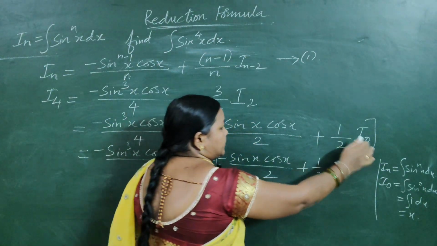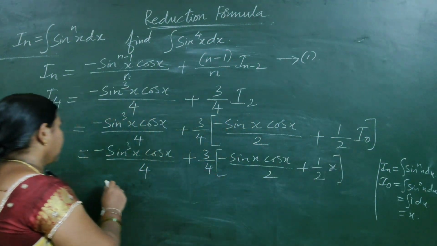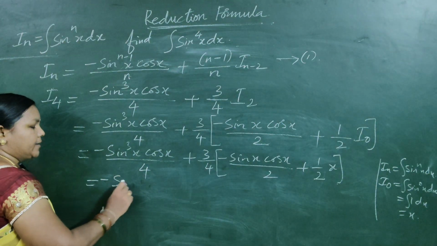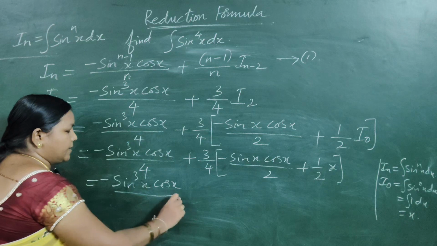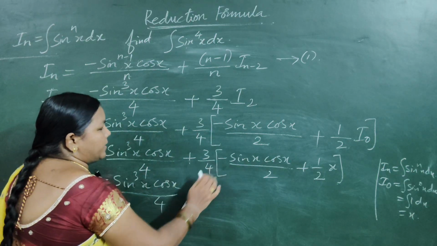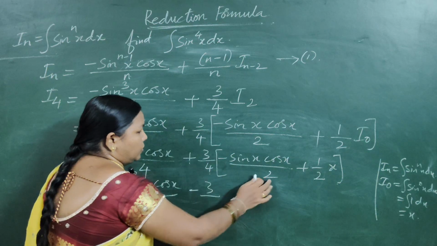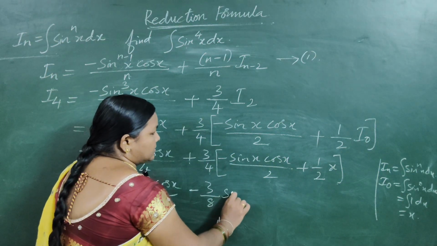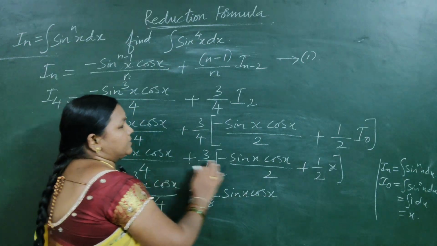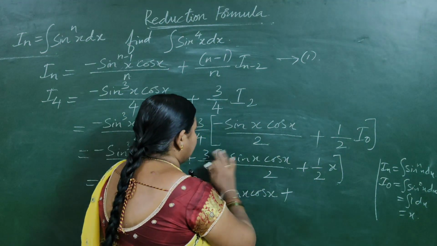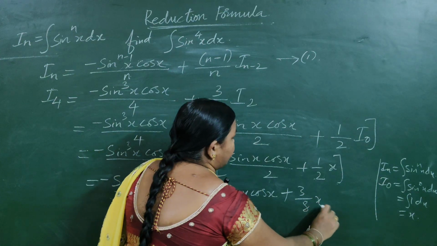So substitute I0 as x. Equal to minus sine cube x cos x by 4 plus, into minus is minus, 3 by 4 into 2 is 8, sin x into cos x. Next plus into plus is plus, 3 ones are 3 by 4 into 2 is 8, into x.